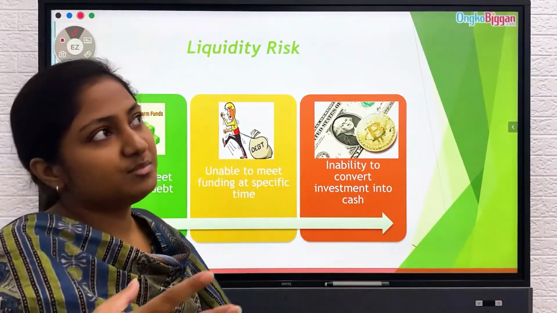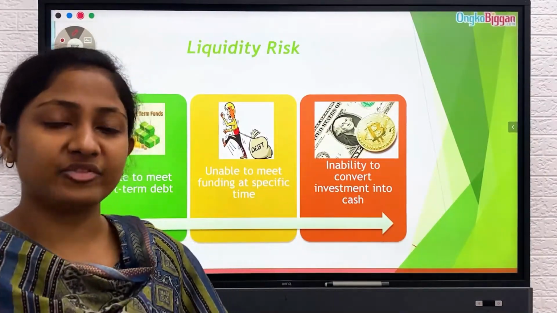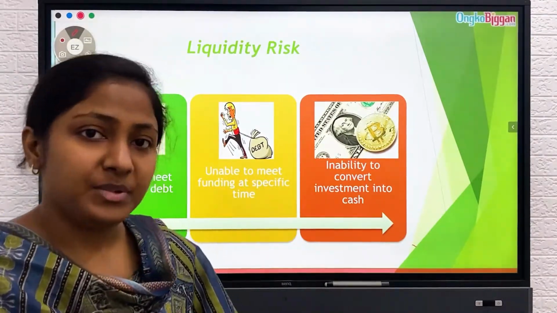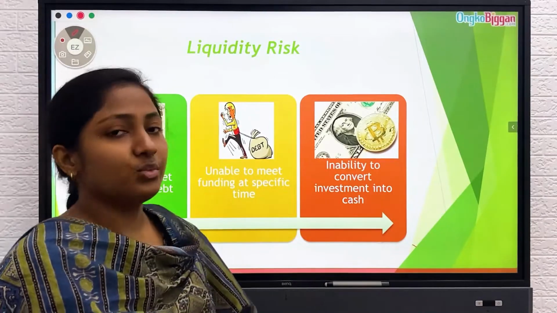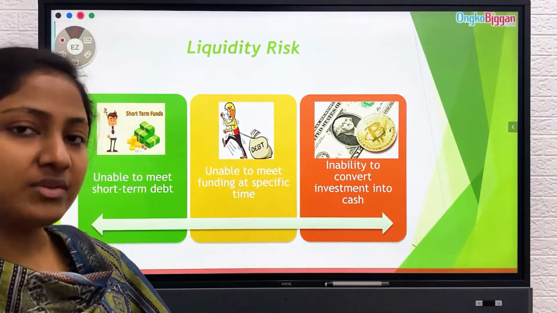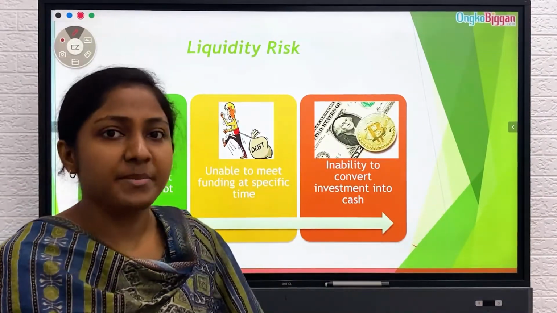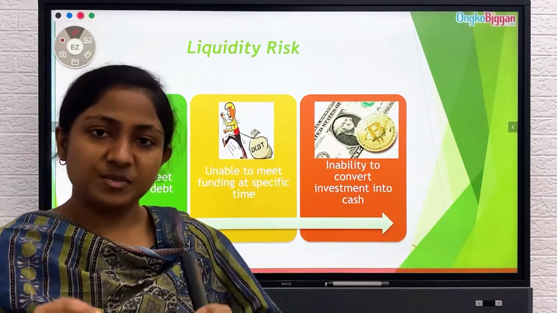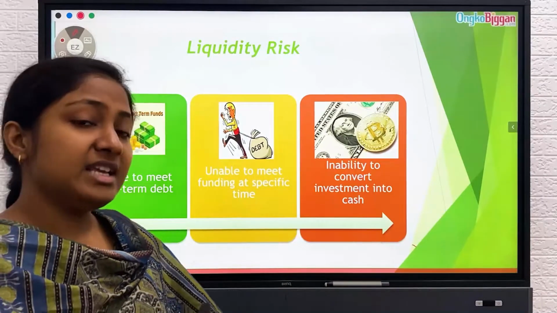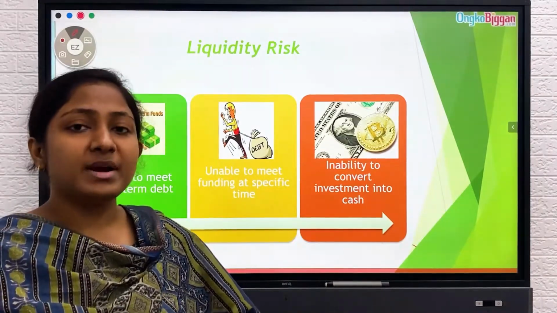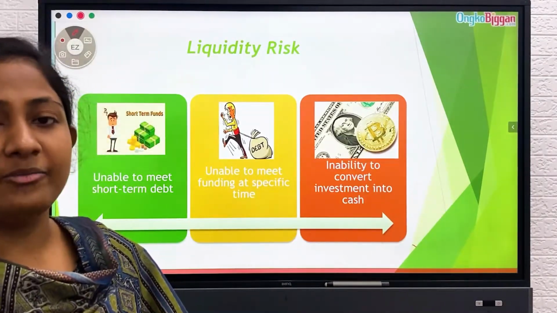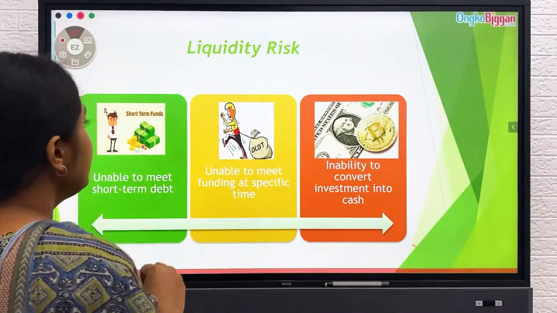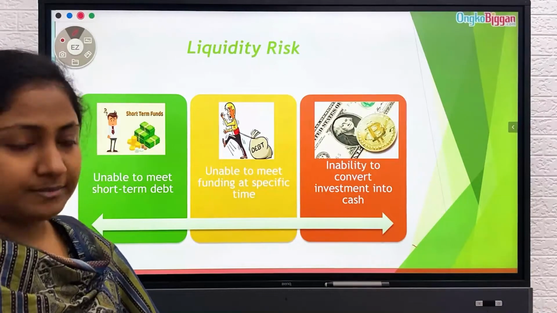A reasonable price means what they are expecting after selling their assets at a specific time period. Specific time period means when I say as an investor that I need my money back after 1 month, then this 1 month is your specific time period. And if you are unable to give me my cash or the value of the investment at a reasonable price, then liquidity risk may occur.